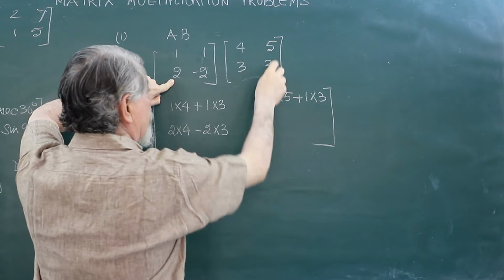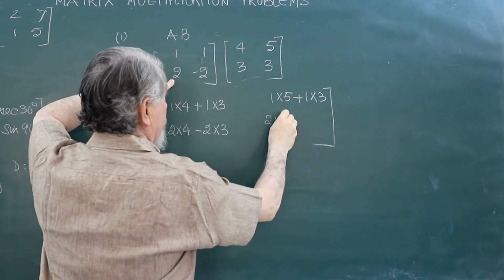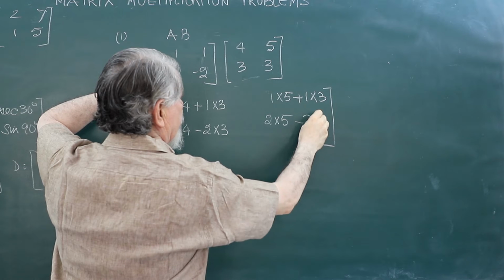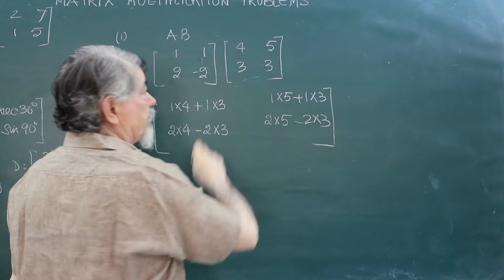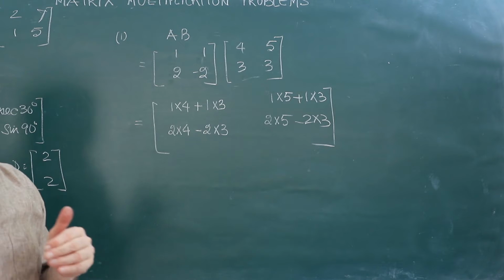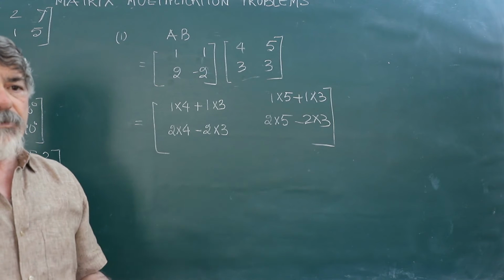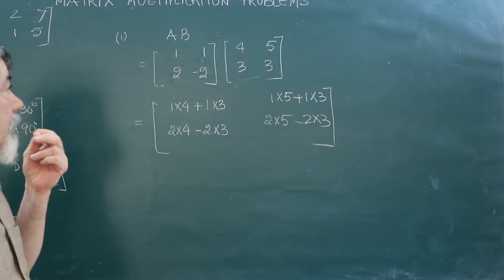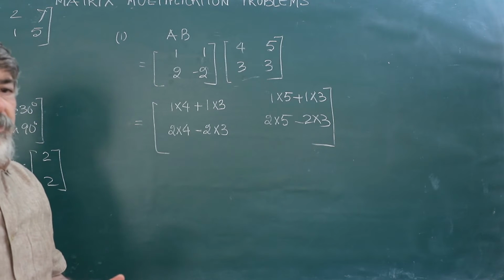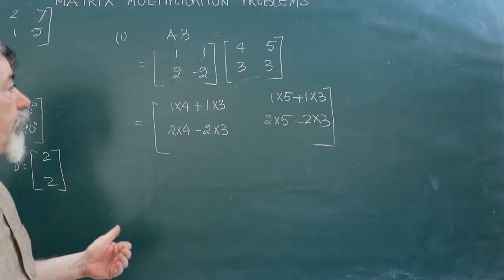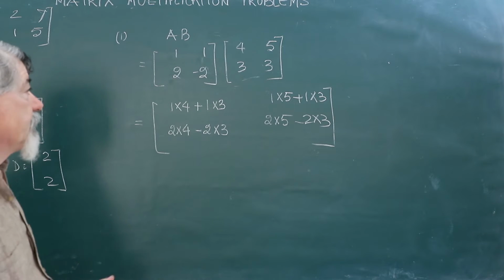Then 2 into 5 minus 2 into 3. First row into first column, first row into second column, then second row into first column, and second row into second column. That is how we are going to obtain the matrix.